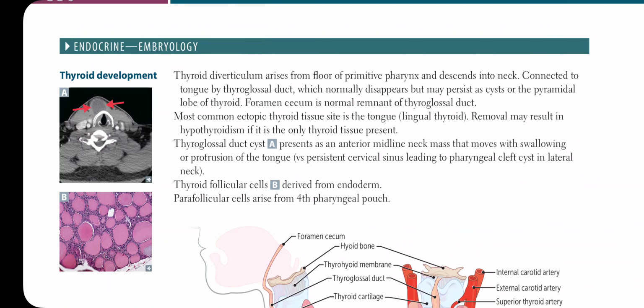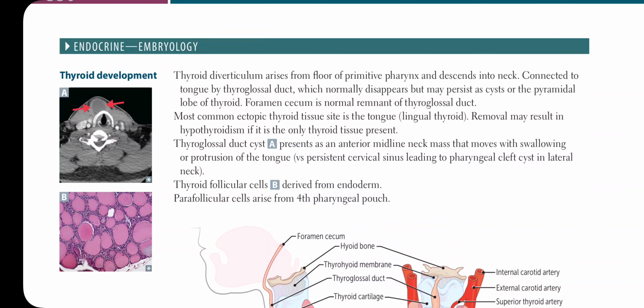Okay, so the thyroid diverticulum arises from the primitive pharynx. It starts from the pharynx, goes down into the neck, and is connected to the tongue by the thyroglossal duct. Now this thyroglossal duct disappears, but if it persists, then it can become a cyst or the pyramidal lobe of the thyroid.